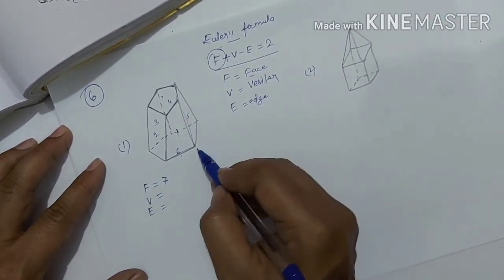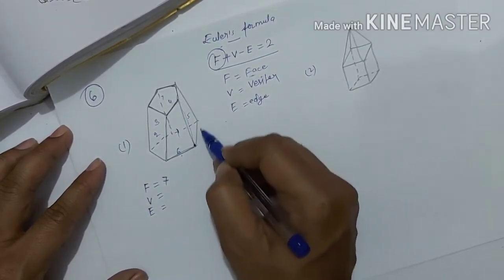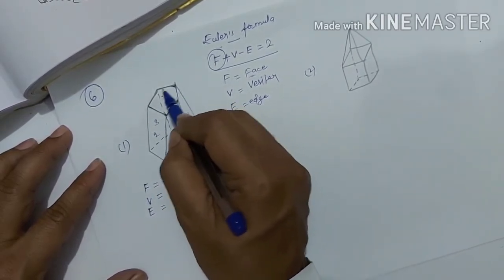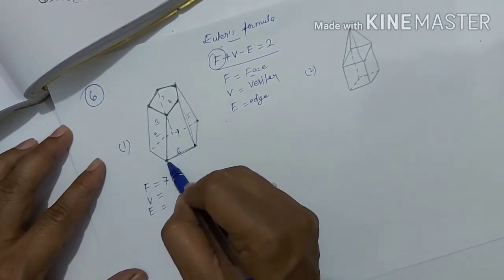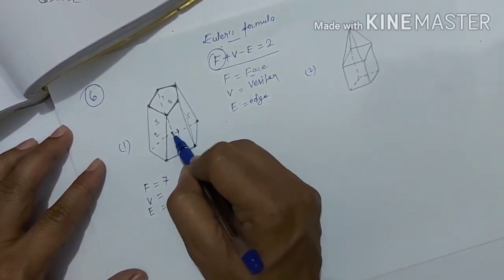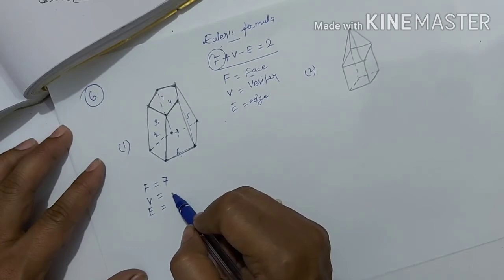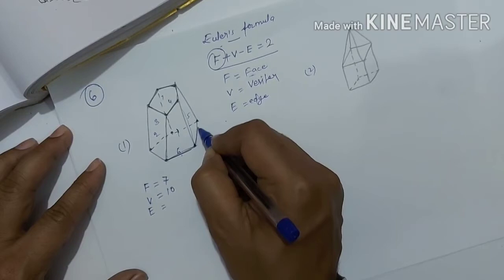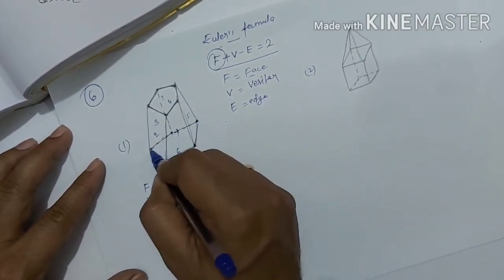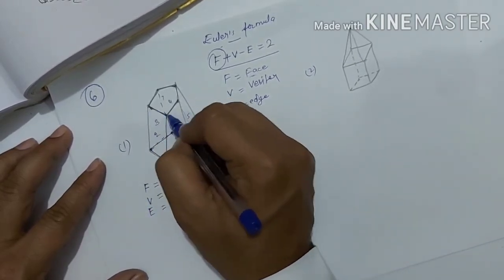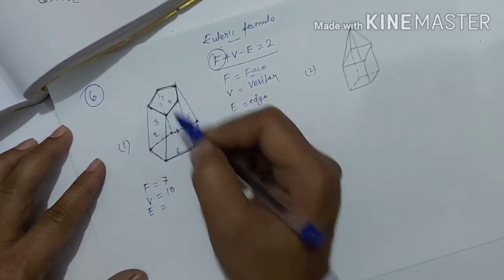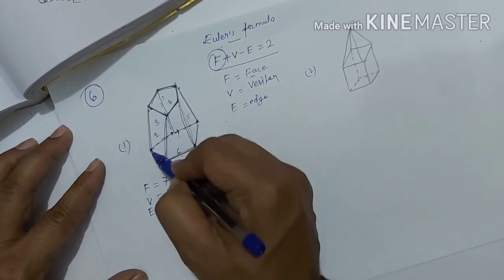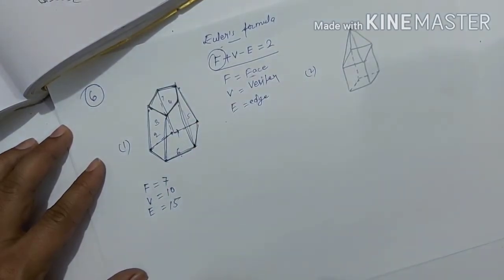Vertex means the point joining two edges. This is the vertex. So 1, 2, 3, 4, 5, 6, 7, 8, 9, 10. Okay, the 10 vertices. Edges: 1, 2, 3, 4, 5, down 6, 7, 8, 9, 10, 11, 12, 13, 14 and 15. So 15 edges.